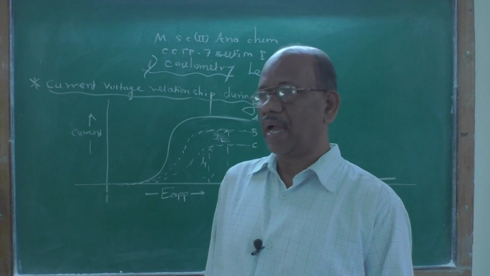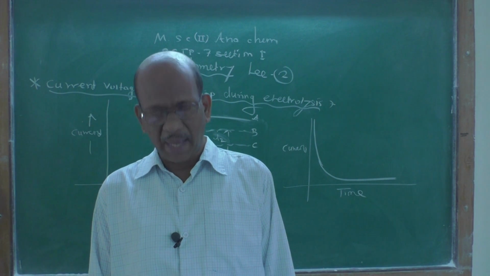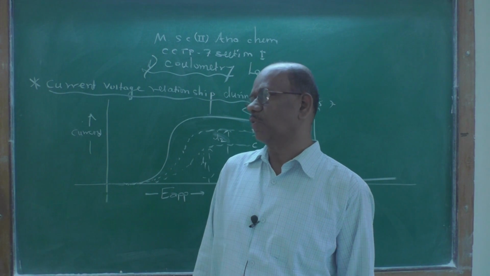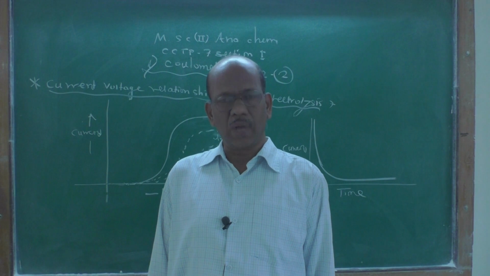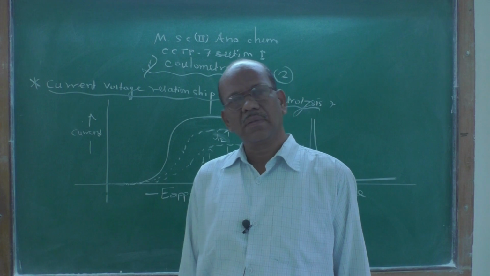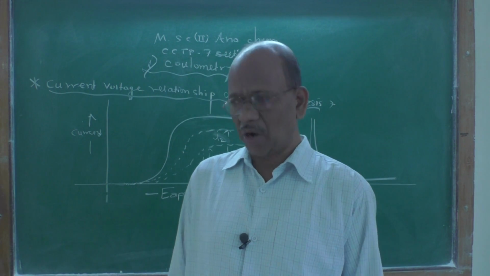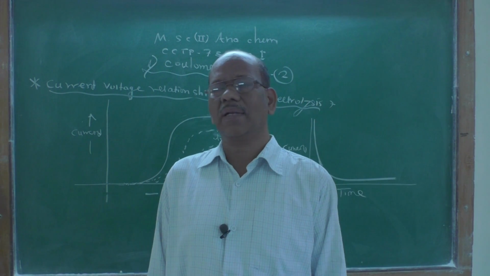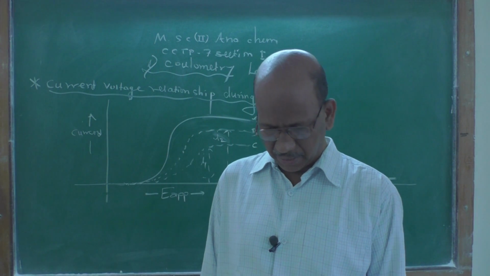Mathematically, it can be given by the expression W is equal to Wm multiplied by Q divided by N multiplied by 96,500, where Q is coulomb and is equal to IT, where I is current in ampere and T is time in second. The product of current and time gives the coulomb, which is nothing but the amount of electricity used.